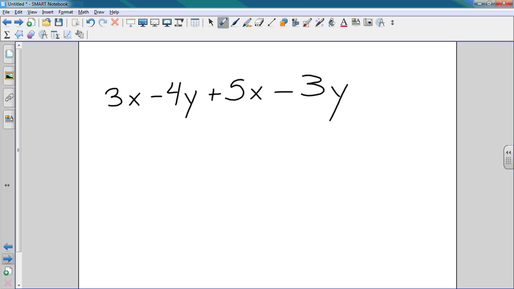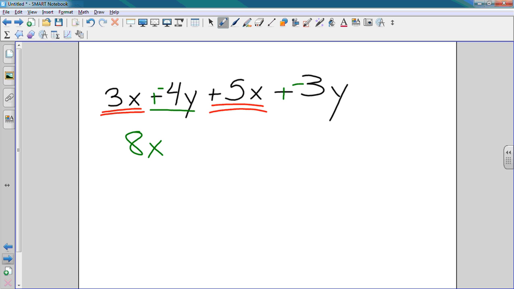Just ignore all the variables and just combine the ones that are alike. We have x's and x's. Before you do that, change all of your subtraction to addition. That way you can think positives and negatives, like you did last night in your homework. Now we have 3 x's and we're adding 5 x's to 3 x's. What do you get? We have 8 x's.